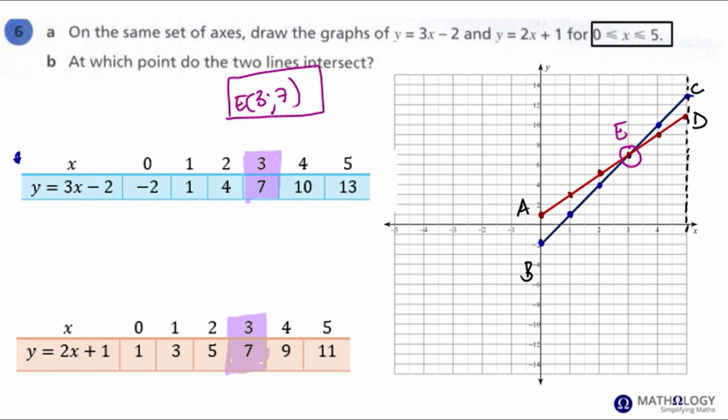And again, we always list it as a point, so we list it like this. All points are listed as illustrated, in a pair of brackets with an x coordinate and a y coordinate separated by a comma.